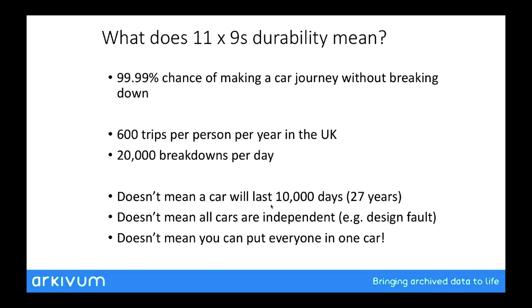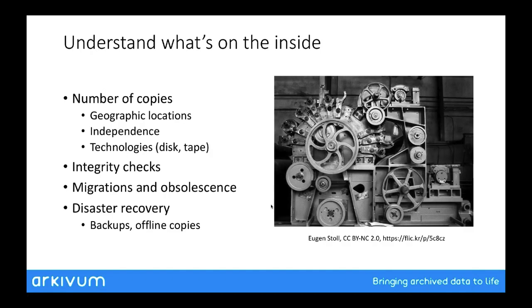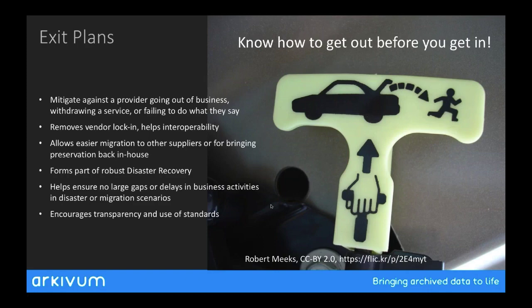So it's important to understand what's on the inside of cloud solutions. So it's back to how many copies of the data do they make? How independent are they? What technologies do they use? What checks do they make? How do they deal with migrations and obsolescence? So it's back to transparency. And because it's someone else's solution, having an exit plan is important.